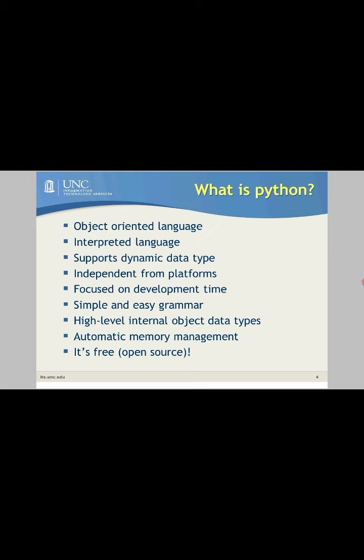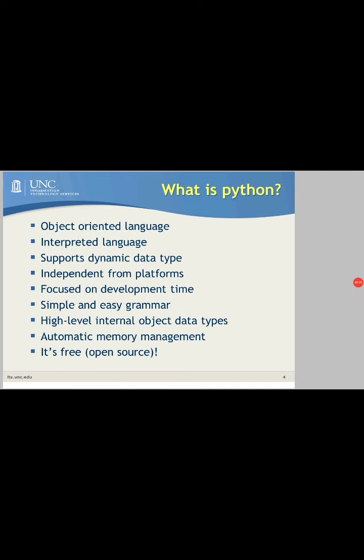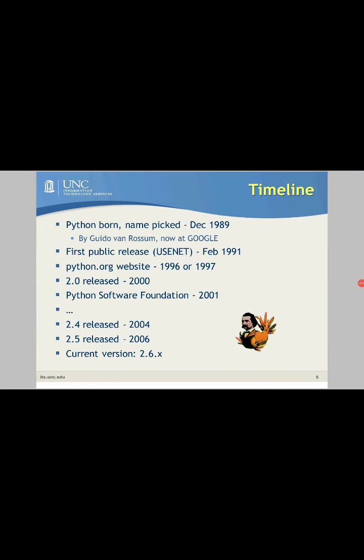It is focused on development time, with simple and easy grammar, the same syntax, and high level internal object data types. Automatic memory management is free, meaning open source. Python is an open source language, so there is no cost required to buy the software. There are different versions.